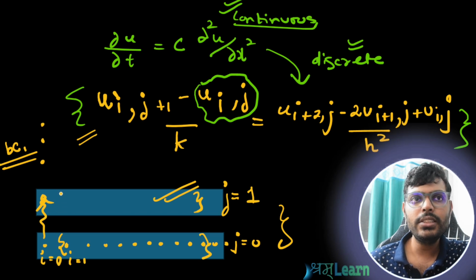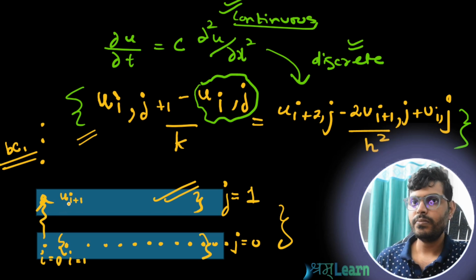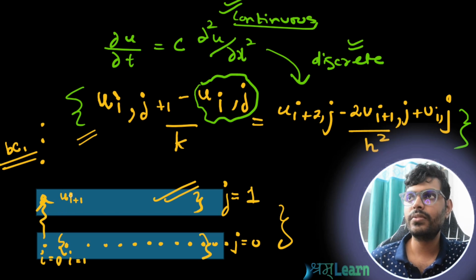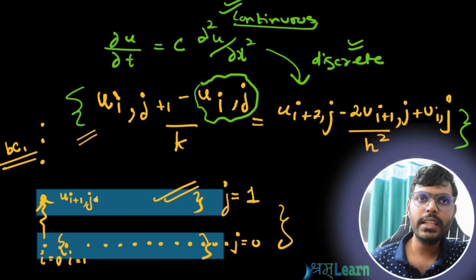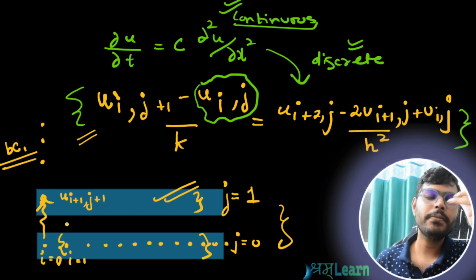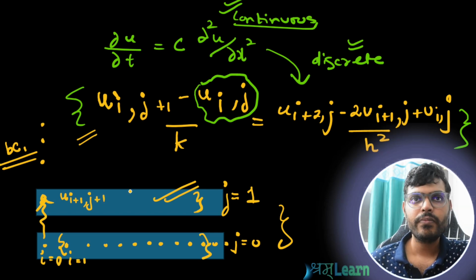Okay, so what is this? This point is u of i plus 1, okay, when i is 0, right? u of i plus 1 comma j plus 1. Okay, and the other points, j plus 1 is remaining constant, fine, and all these values are going to change.